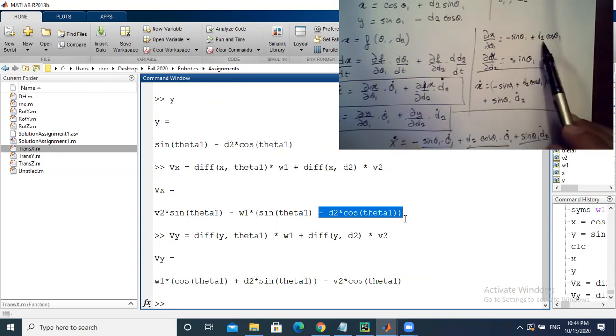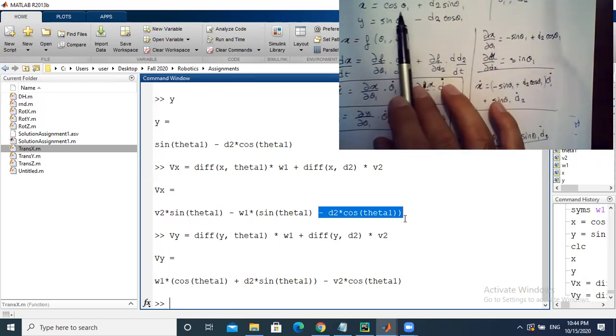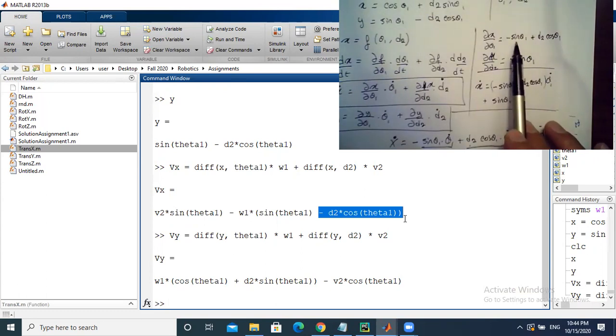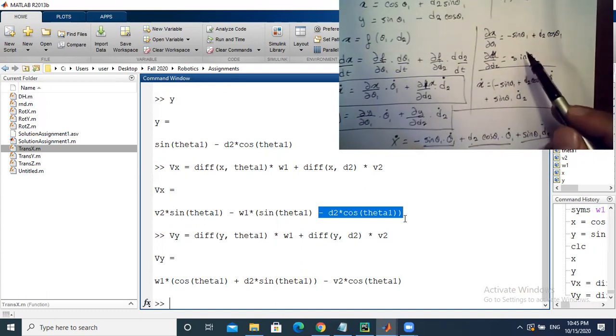So here we're differentiating x with respect to theta 1. So dx with respect to theta 1 is minus sine theta 1 plus d2 cosine theta 1. So dx d theta is actually fine.